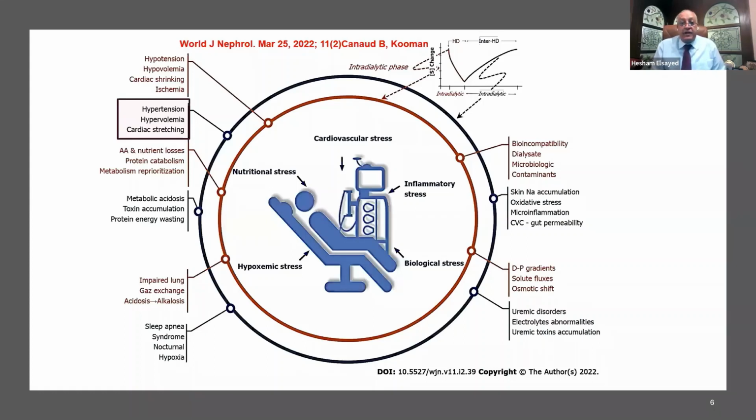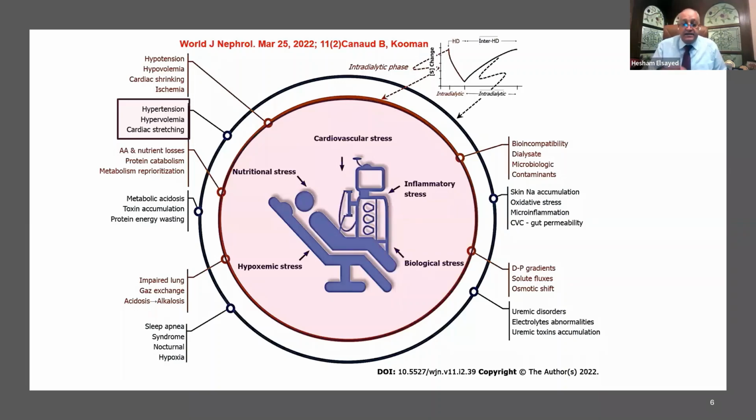These graphics summarize what patients with CKD on dialysis suffer. We have two periods: one period is intradialytic, and the other is the interdialytic phase. The interdialytic phase includes hypervolemia, left ventricular hypertrophy, hyperkalemia, metabolic acidosis, pruritus, sleep apnea, poor quality of life, and nutritional affection.